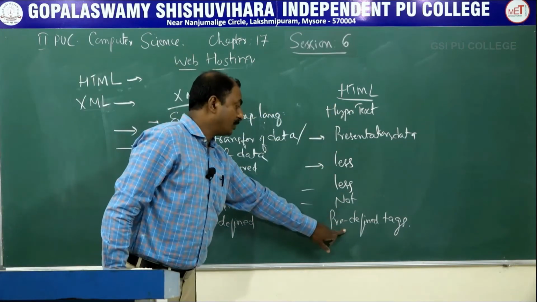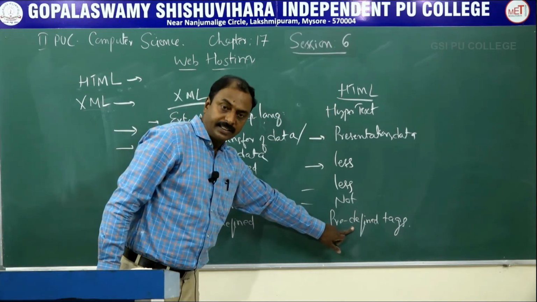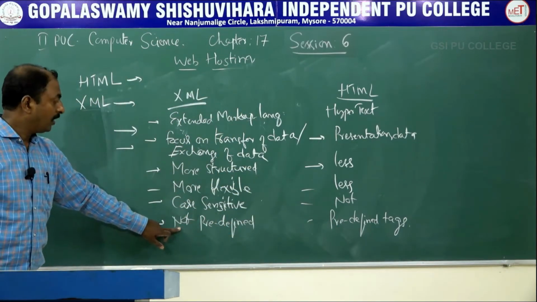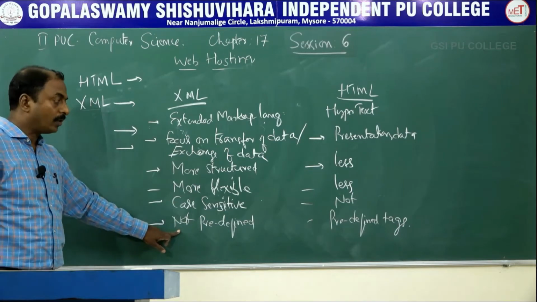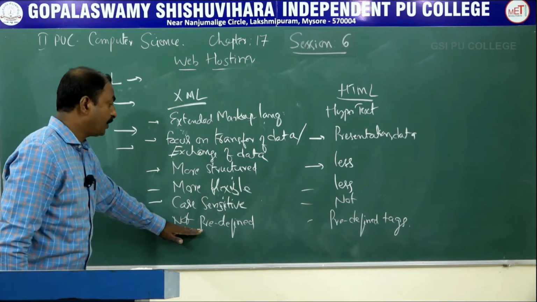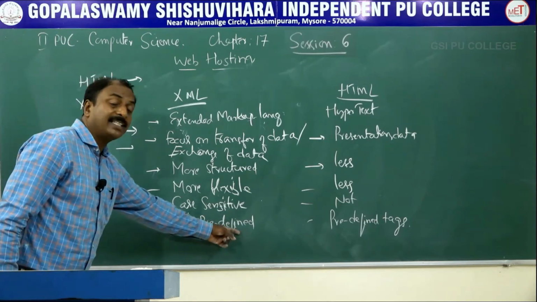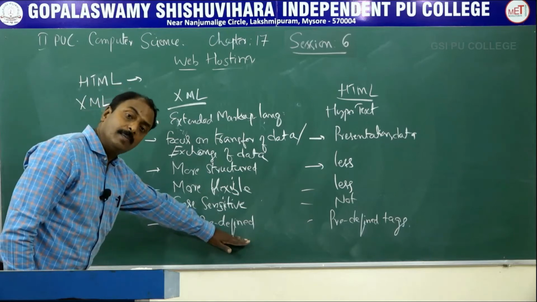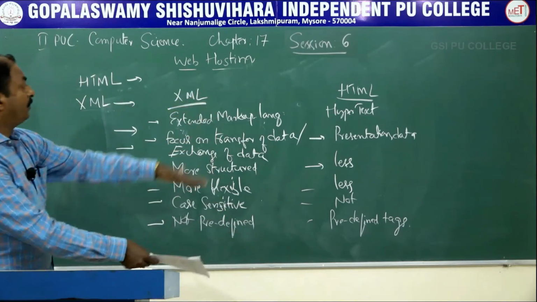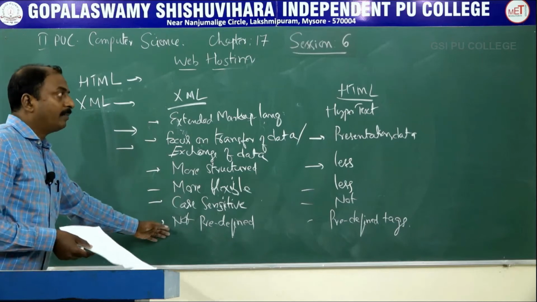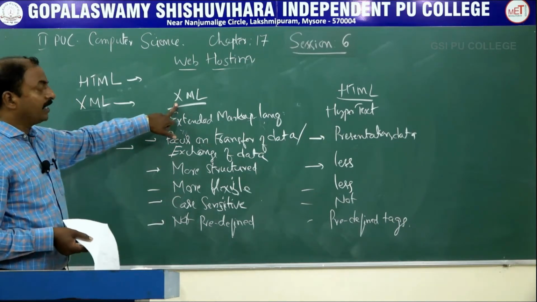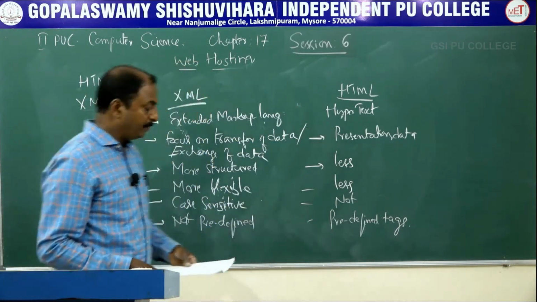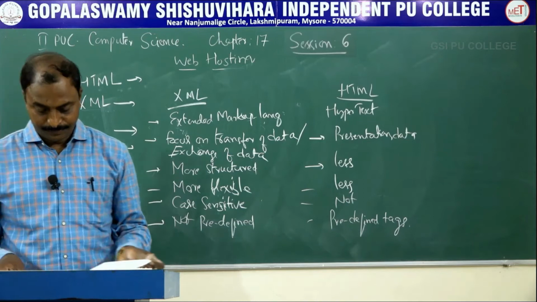In HTML all the tags are predefined, we use them exactly as they are, and in XML a programmer has an option of making some slight changes, because there are no predefined tags or commands. So by looking at the differences, we can make out that XML has more features as compared to HTML language.